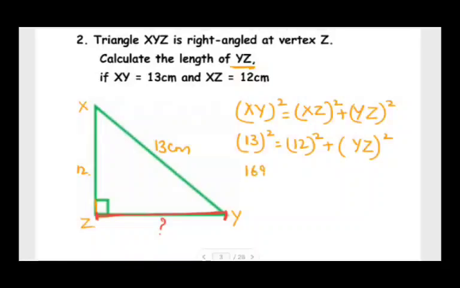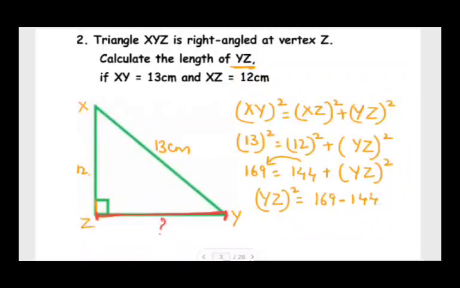Alright, what is 13 square? It is 169. What is 12 square? It is 144. That's the reason why, children, I told you need to know your square numbers thoroughly from 1 to 30. Okay, when I take this 144 on the other side, it becomes minus 144. So 169.